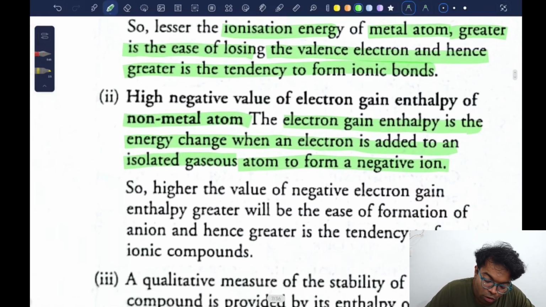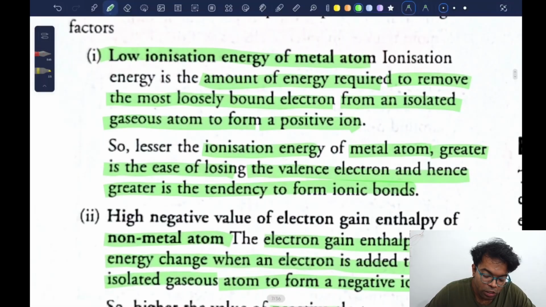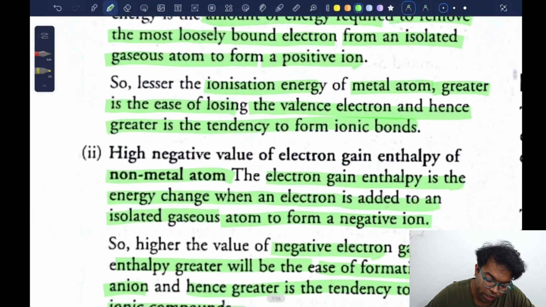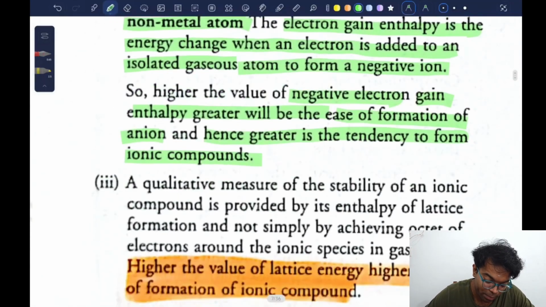So, higher the value of negative electron gain enthalpy, greater will be the ease of formation of the anion, and hence greater will be the tendency to form the ionic compound. Understood? So basically, you need to have low ionization enthalpy and high electron gain enthalpy. The metal needs to have low ionization enthalpy. The non-metal needs to have high electron gain enthalpy.